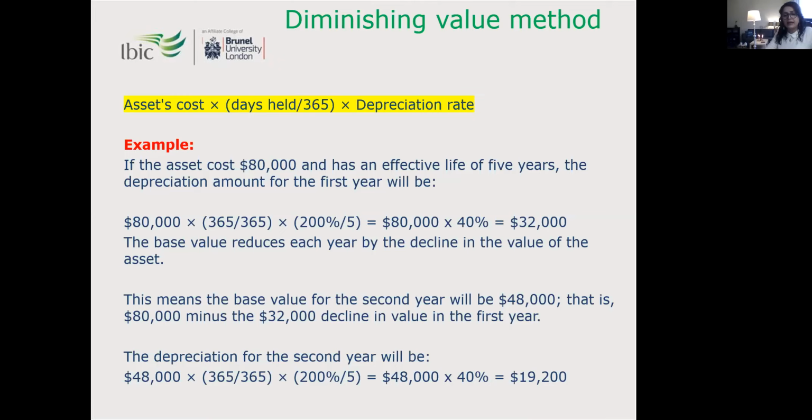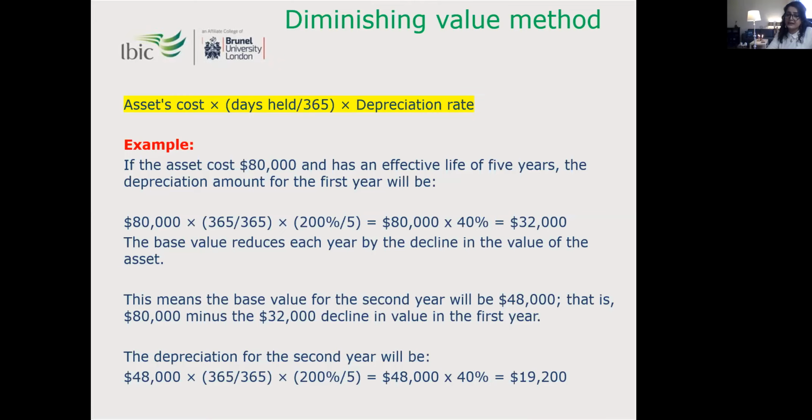If the asset costs $80,000 and again we say an effective life of 5 years, the depreciation amount for the first year will be, because it's the first year, 365 over 365, because it's 1 year, and then we have 20% over 5, which is going to be 32,000.